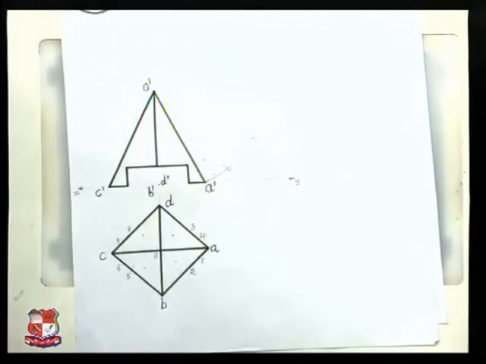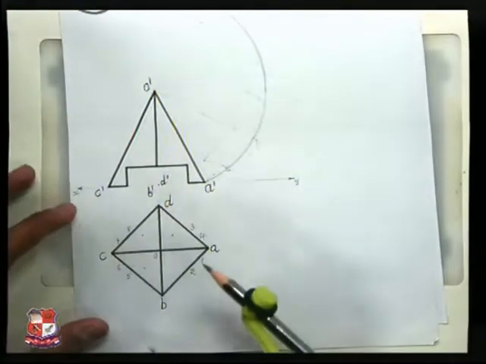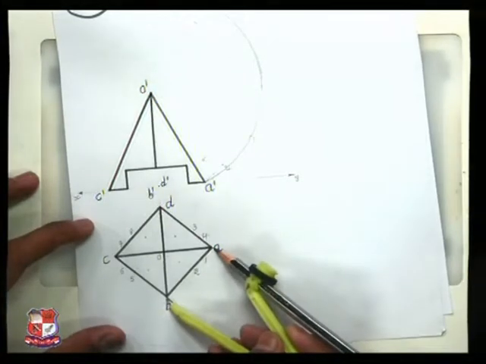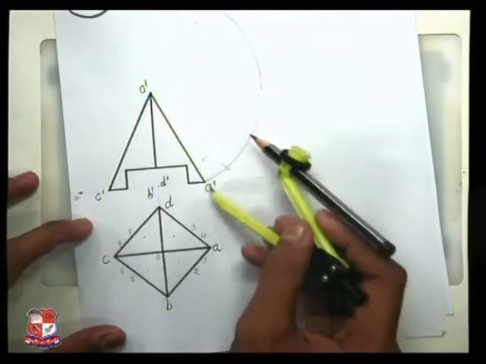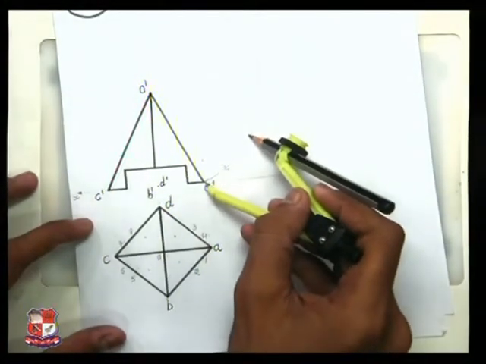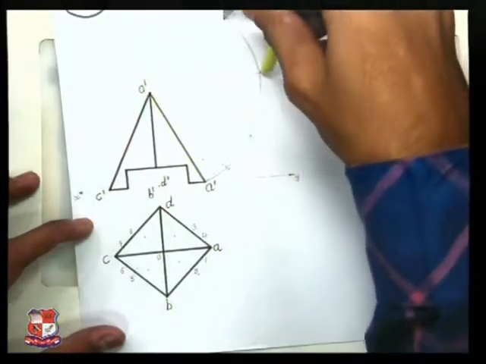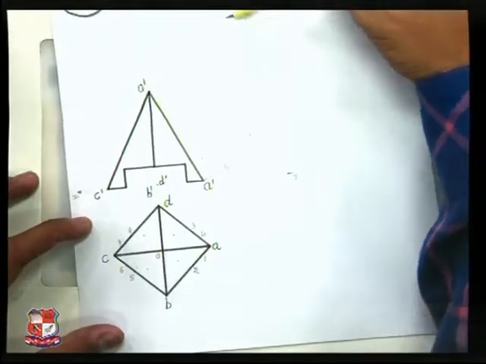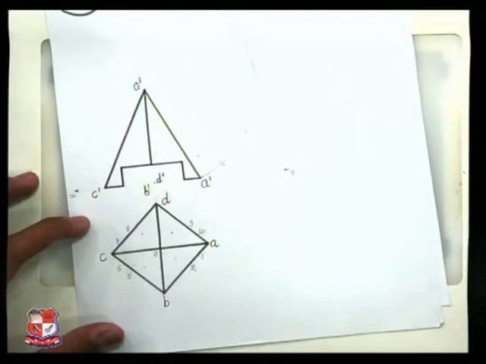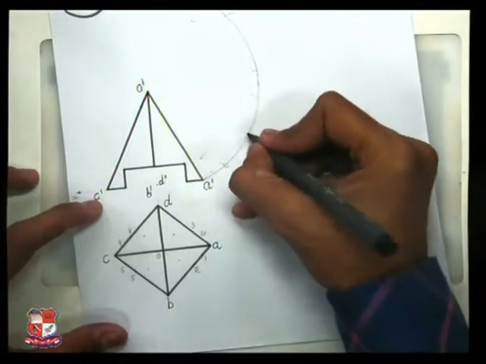Right? Now take the side length as a radius, this side length. With A dash as a center, cut on this arc 1, 2, 3 and 4. So we do have 4 points over here.